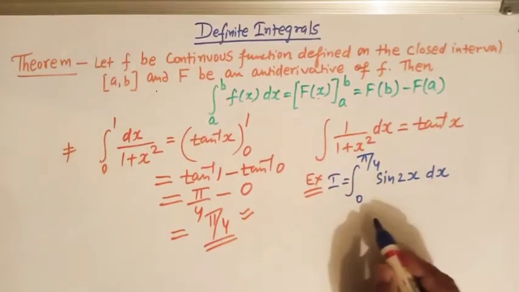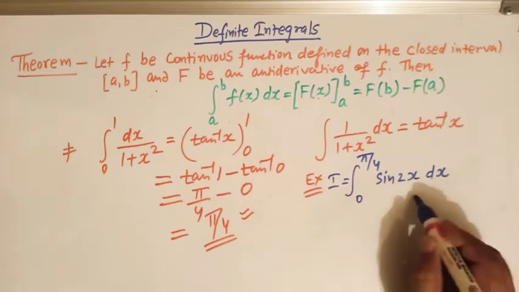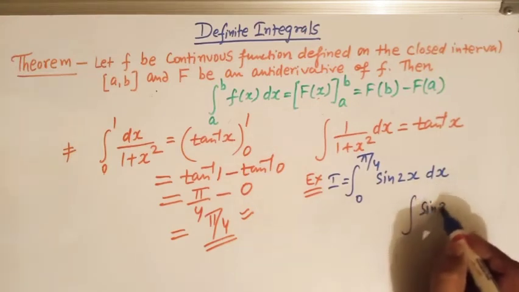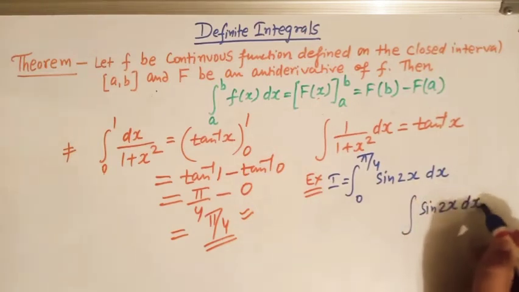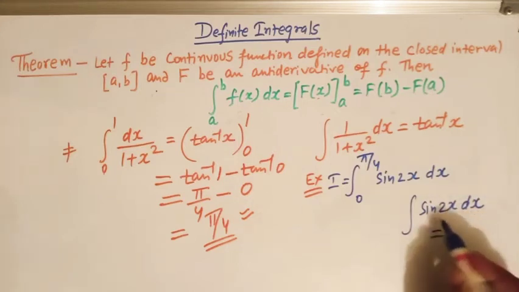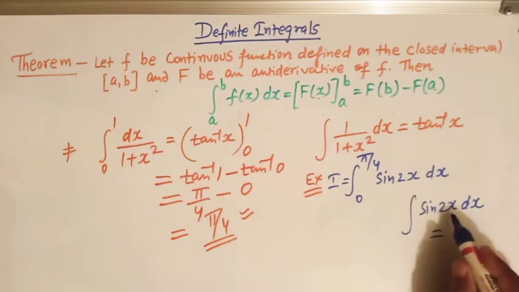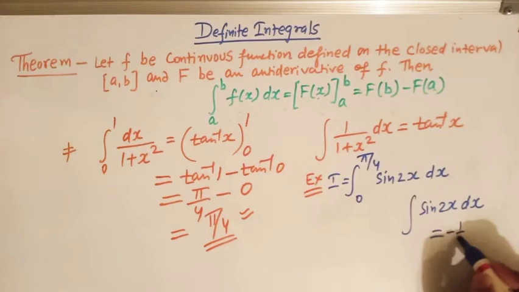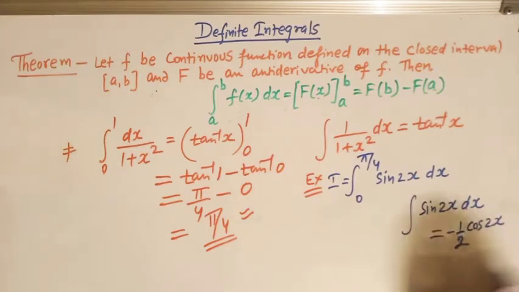Now here we have to find the indefinite integral of sine 2x. That is equal to, the integral of sine x is minus cos x, so here it is minus 1 over 2 cos of 2x, right?